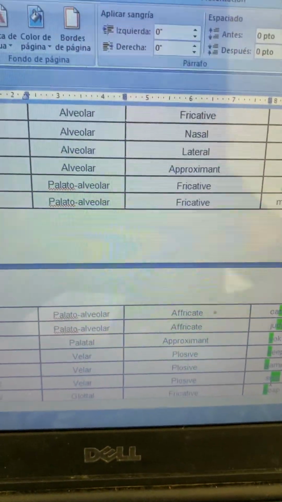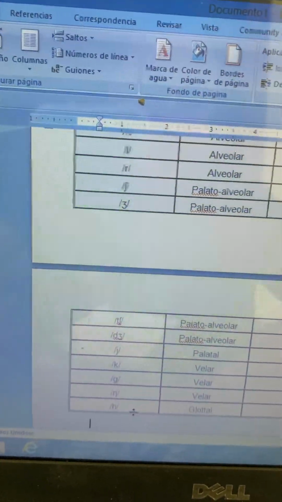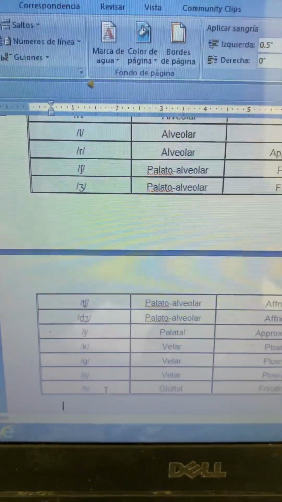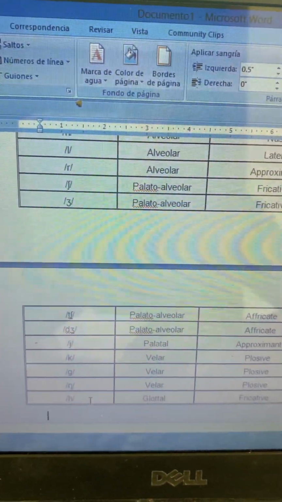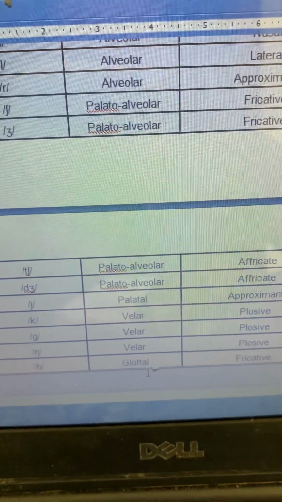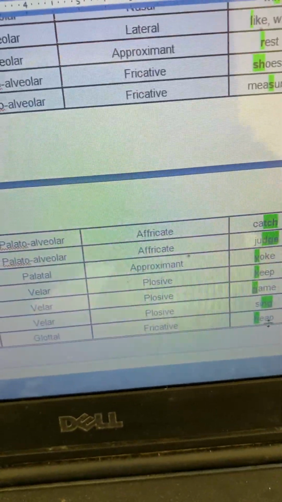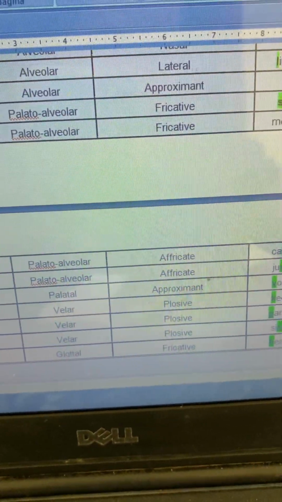For example, sing. And the last one that we have here is the consonant H, which is voiceless, glottal, fricative. For example, hip.